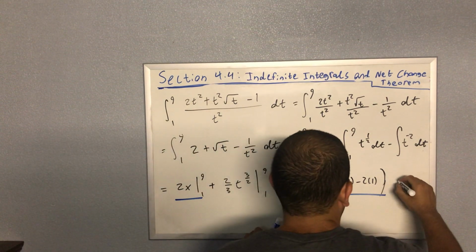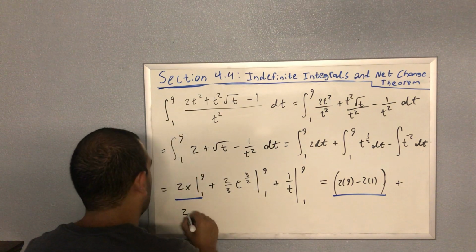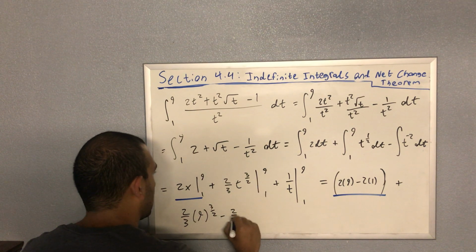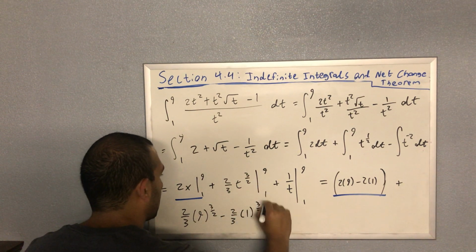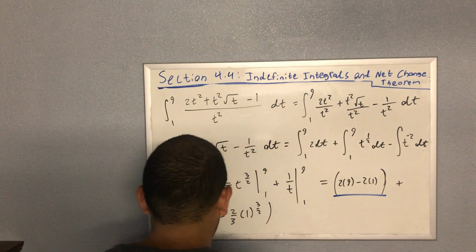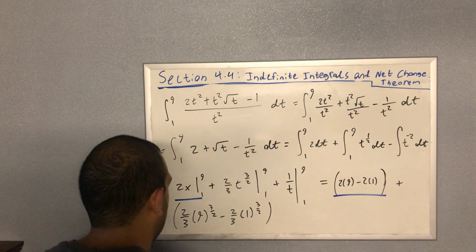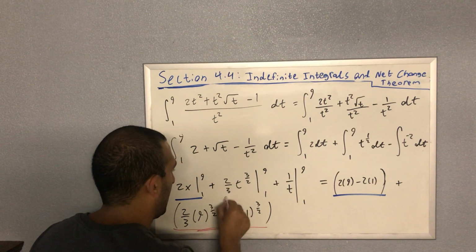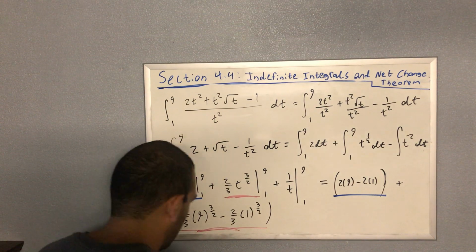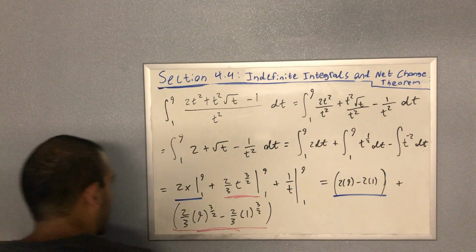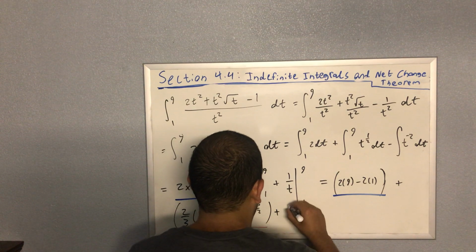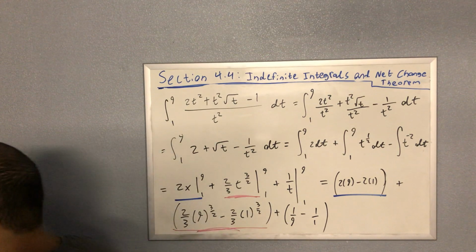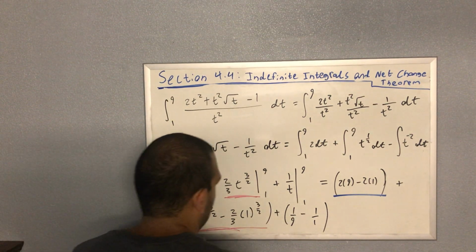And then plus 2/3 9 to the 3/2 minus 2/3 1 to the 3/2. So that's this piece here. And then plus 1 over 9 minus 1 over 1. That's last but not least this piece here.